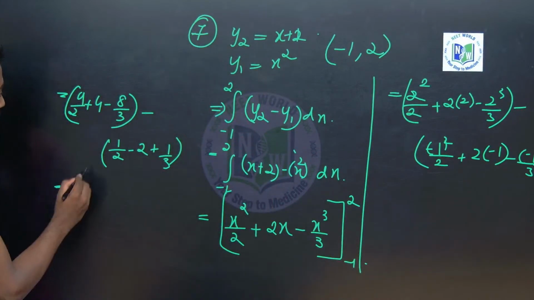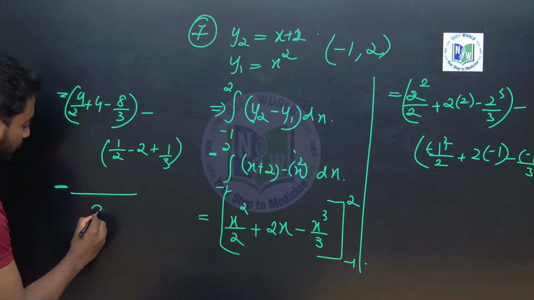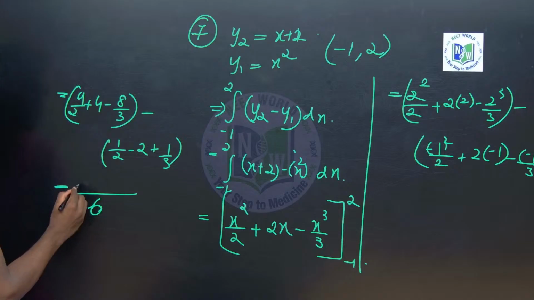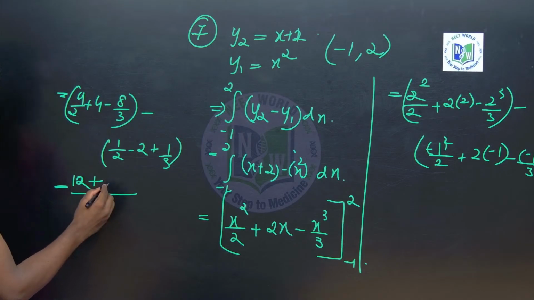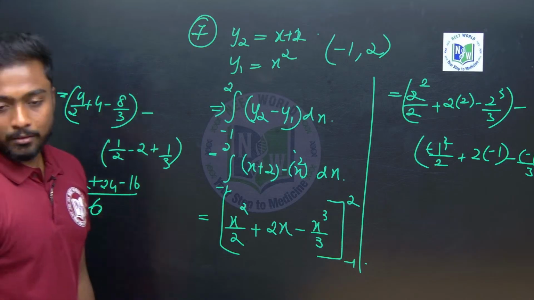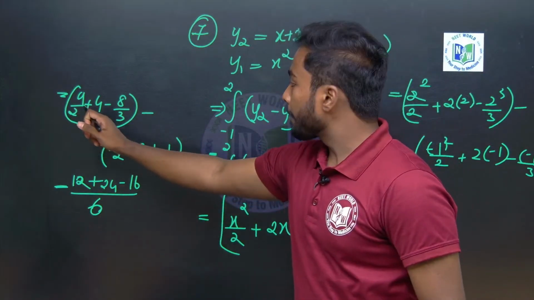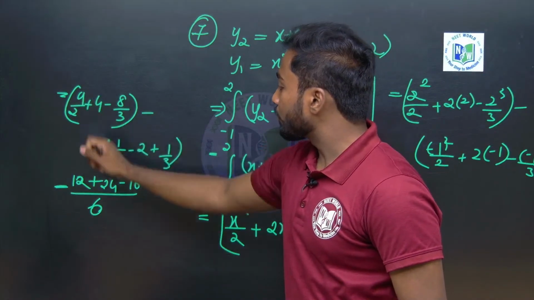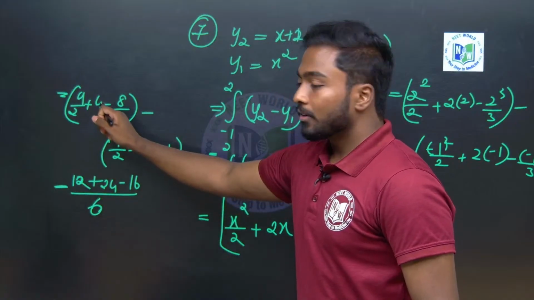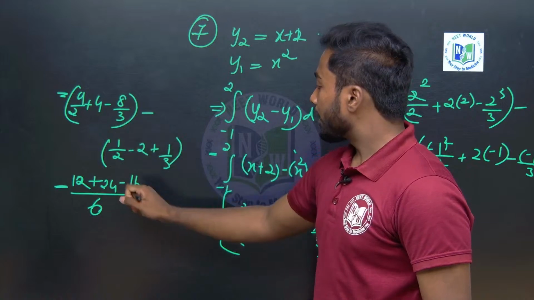Now calculate it. Totally, I will take 6 as the denominator. So this one will be 12 plus 24 minus 16. If I multiply 4 with 3, I will get 12, and 4 sixes are 24, minus 8 into 2, I will get 16.